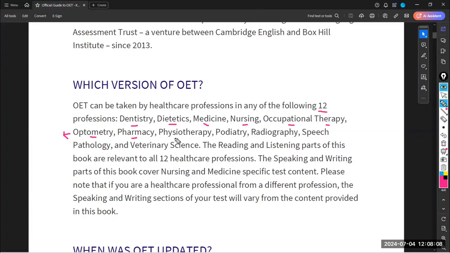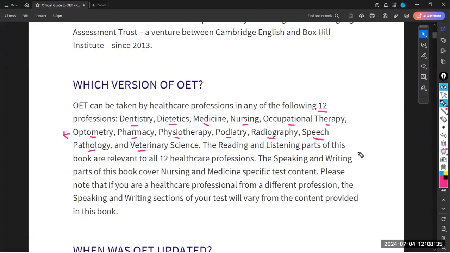Then pharmacy, physiotherapy, podiatry, and radiography. It's about the pictures that you can take in the laboratories or something like that. And speech pathology, the ability to speak clearly or the problems about speaking. And absolutely, veterinary science, it's about animals and taking care of animals.